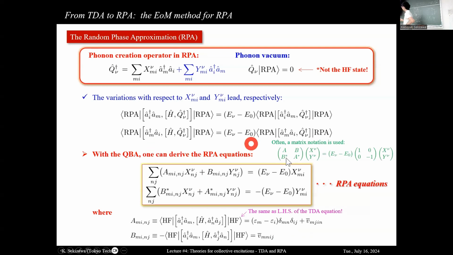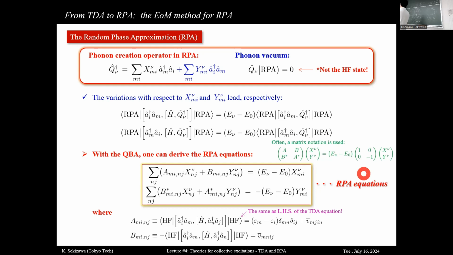And you can write this equation with matrix representation. You can see that A, B contain two indexes, Mi and Nj, and here X and Y contain the index Nj. So you can write this equation with a matrix like this. And this is the well-known RPA equation.